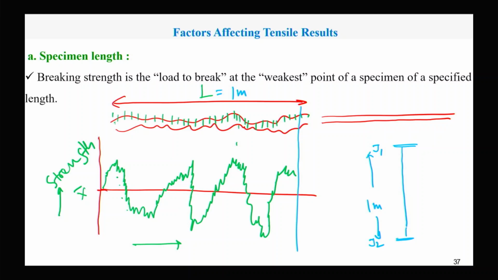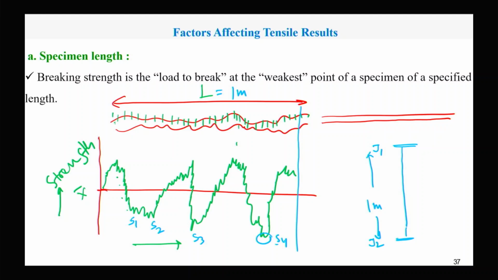the strength of this portion will be the strength of the weakest point. Suppose S1, S2, S3, S4 like this.